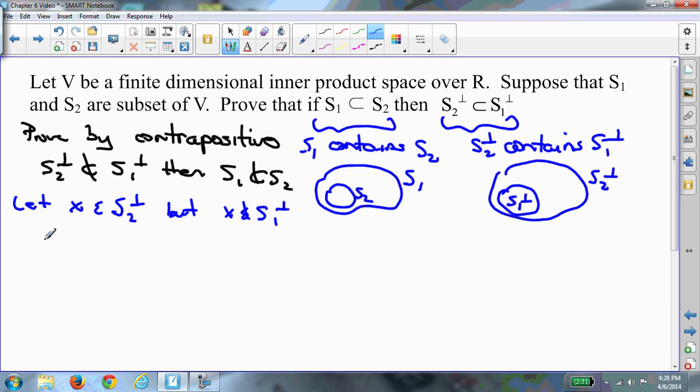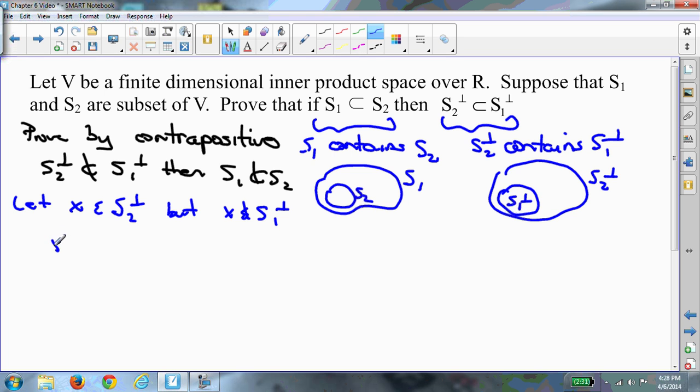So let's see, S2 perp does not contain S1 perp. So basically I'm going to make sure that X is an element of S2 perp, but since it does not contain S1 perp, I want to make sure that X is not an element of S1 perp. Now I want to show that this produces a contradiction.